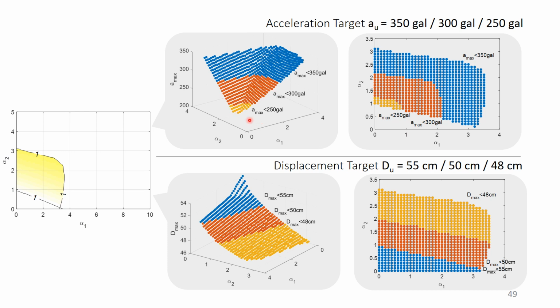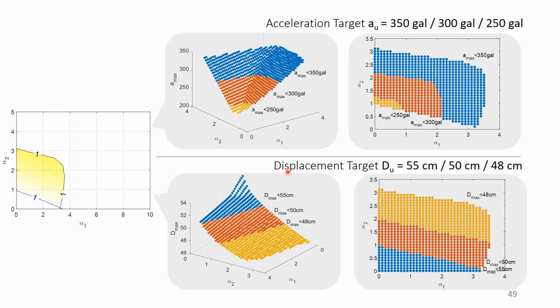And for Amax less than 250 gal, it has the smallest design range, the yellow part. We can change this 3D figure into contours, shown on the right side. So we can see that if the design target is more strict, it has a smaller design range.